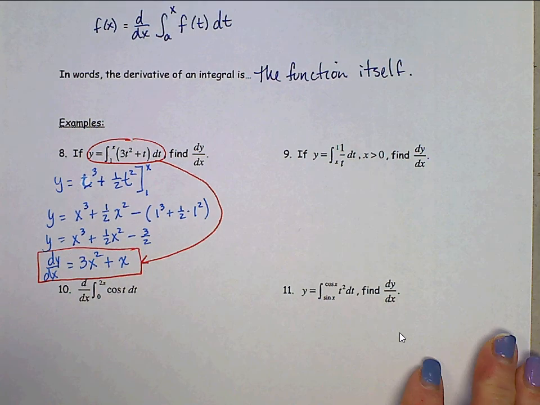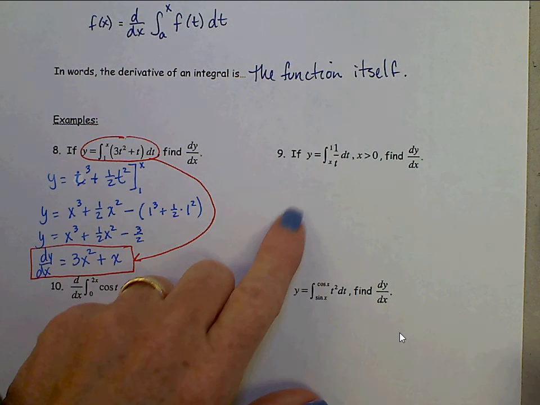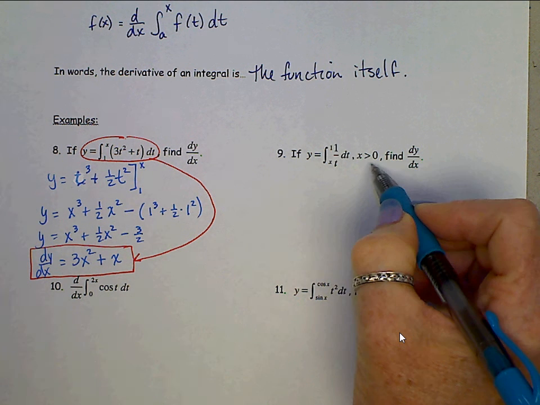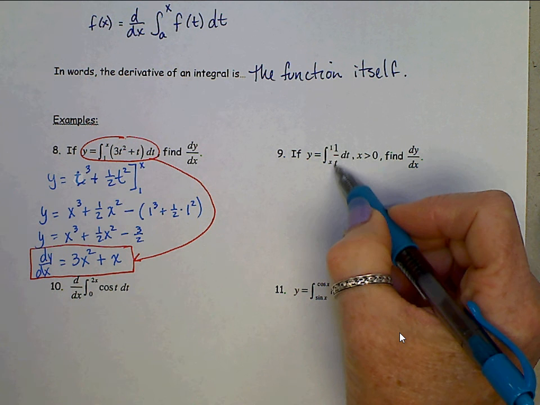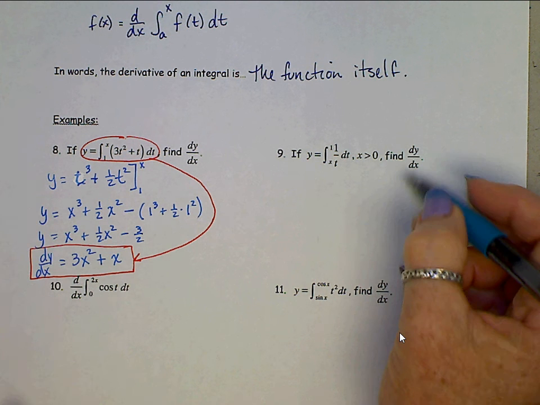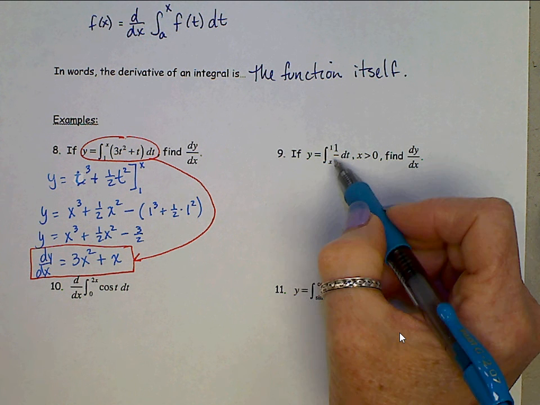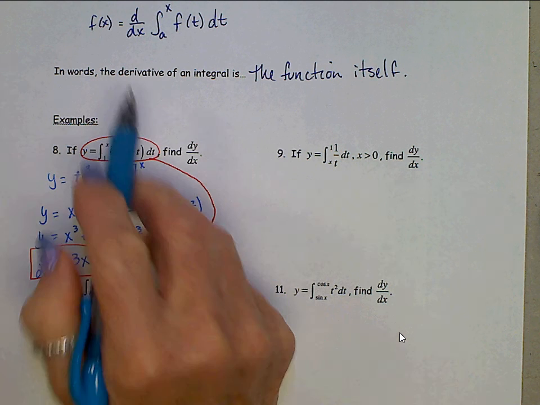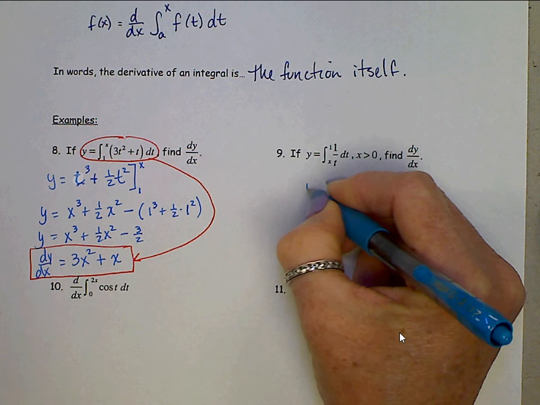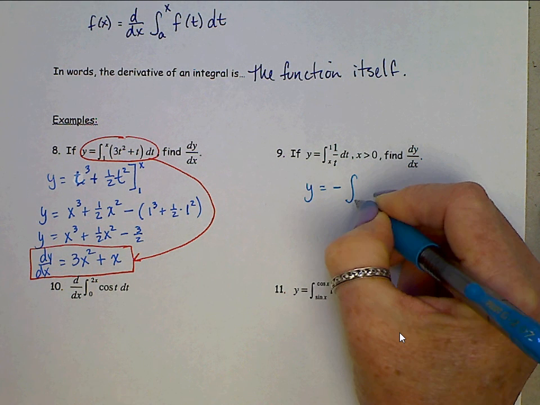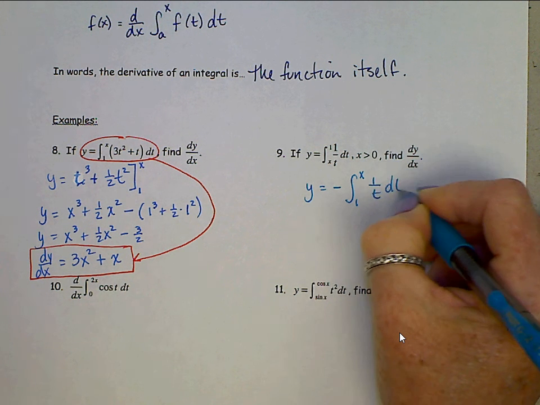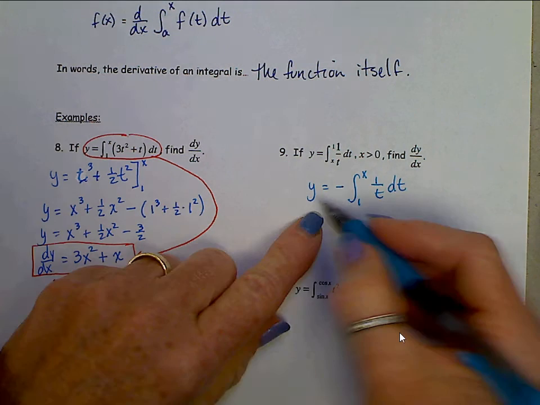Look at this next one. Watch your notation very, very carefully here. If y is the integral from x to 1 of 1 over t dt, where x is greater than 0, I'm just avoiding that whole asymptote thing on this function 1 over t. Let's find the derivative. First thing that we see with this integral is that the bounds are backwards. We're supposed to have a constant on the bottom and a variable up top. So you remember that if we flip the bounds around, it changes the sign of the integral. All right, now let's do a derivative.